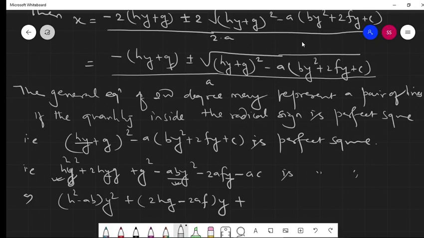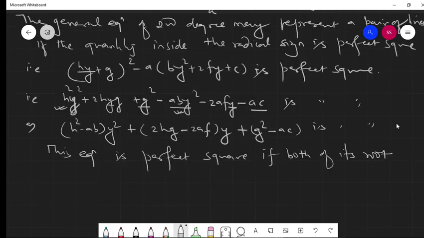Then this equation is a perfect square if both of its roots are equal. Suppose the example is x square minus 25 equals 0, x equals plus minus 5.